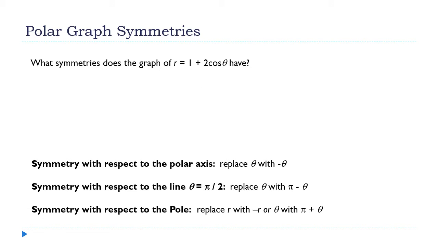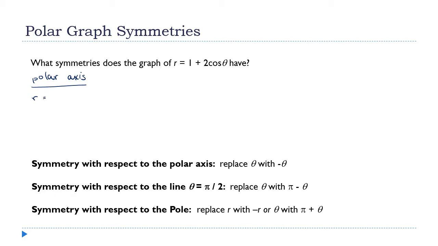All right, so I've got the rules down at the bottom just for us to look at. And I want to test this: what does the graph of r equals 1 plus 2 cosine of theta have in terms of symmetries? All I'm going to do is apply my rules. I'm going to check the polar axis first. And the rule here is replace theta with minus theta.